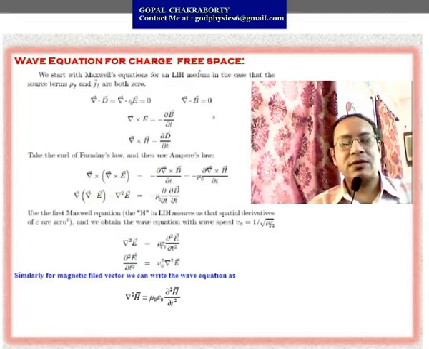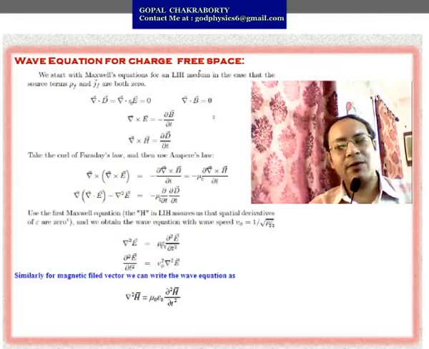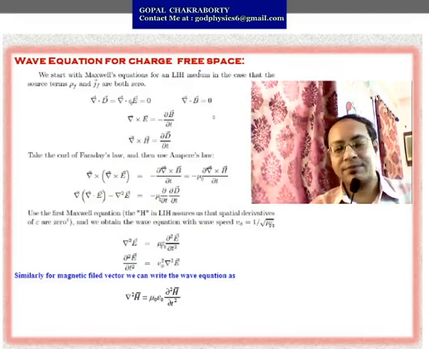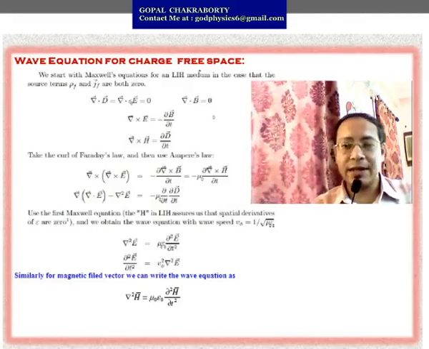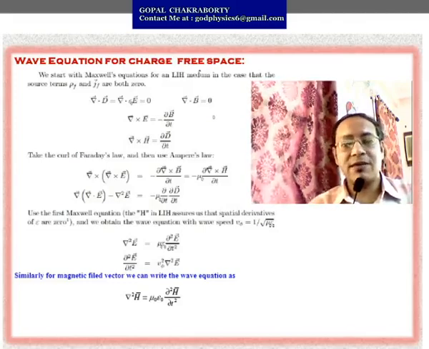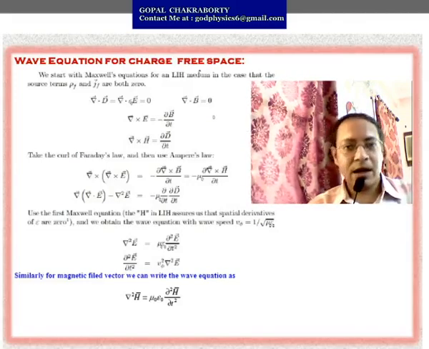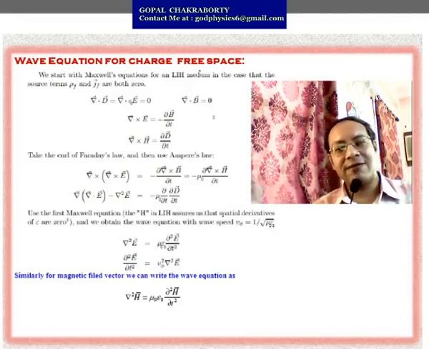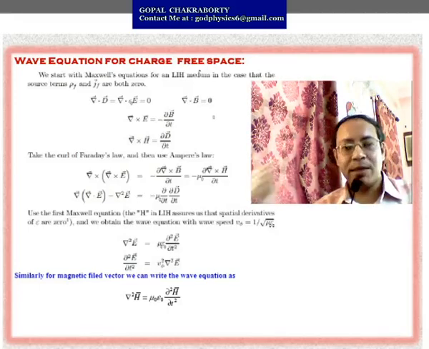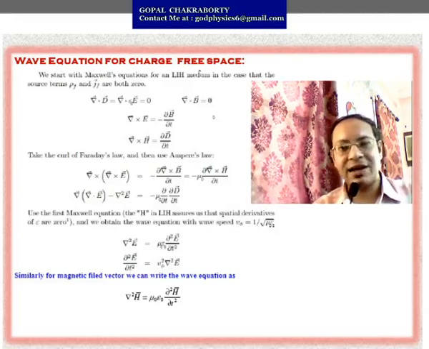Okay. The basic concept is, if you are going to derive the wave equation for electric field, you have to start with equation 3, that is del cross E equals minus del B by del t, and then substitute the value of B or H from the fourth equation into the third equation.